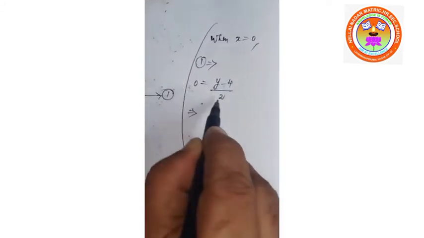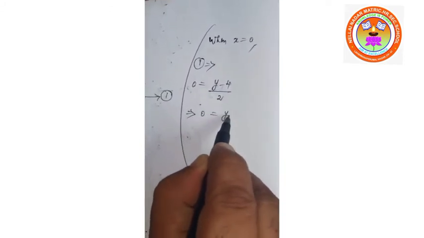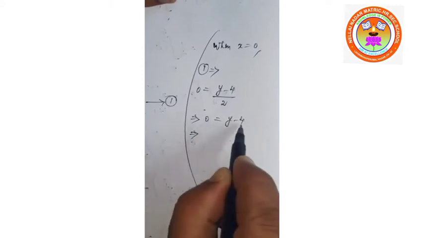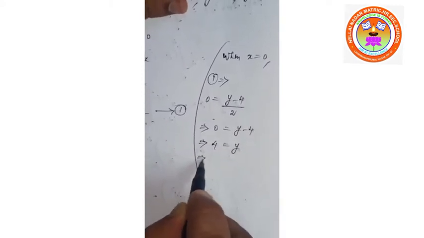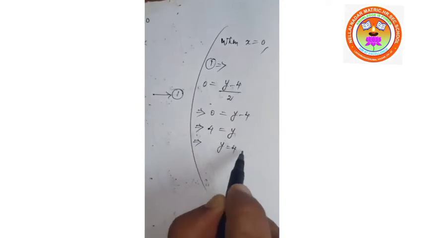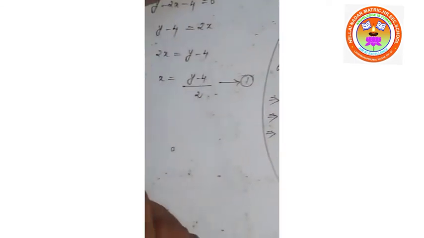Cross multiply, 2 into 0, 0, that is equal to y minus 4. Minus 4 comes to the left hand side, plus 4, that is equal to y. So 4 equal to y or y equal to 4. So y value 4. When x equal to 0, y value 4.